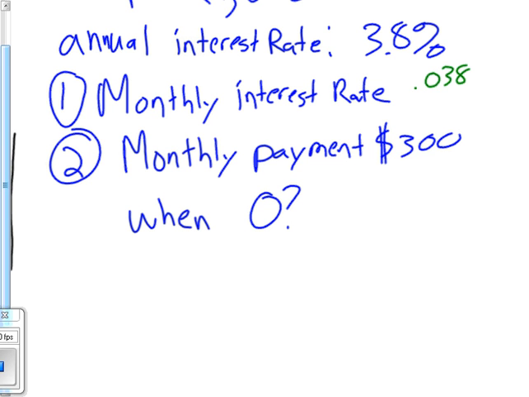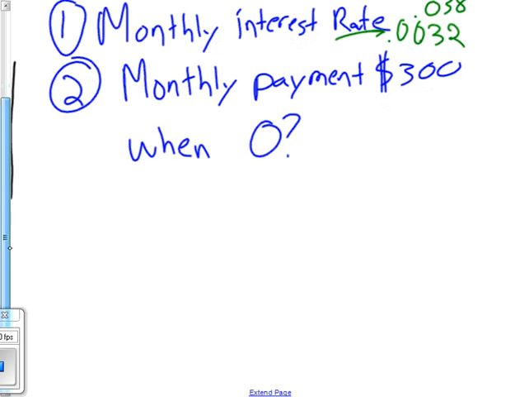So who wants to help him out? What would be the monthly interest rate? 0.32%. Because all we're doing is taking this rate, which is 3.8, and dividing that by the number of months, which is 12, and this gets us our monthly interest rate.